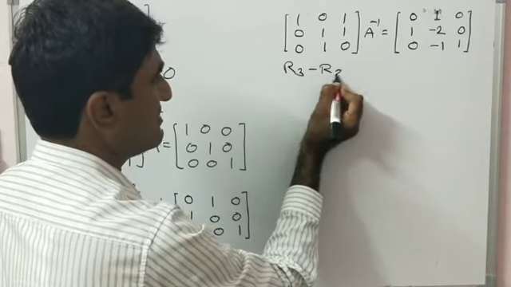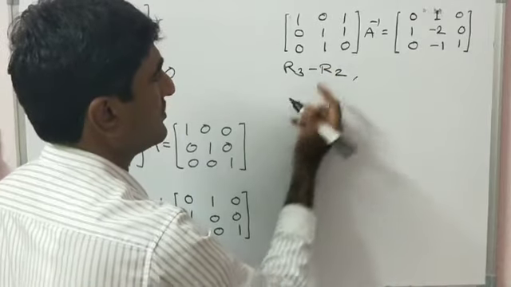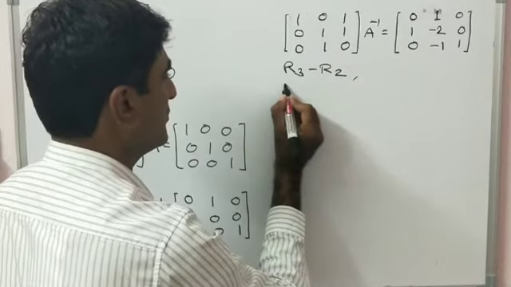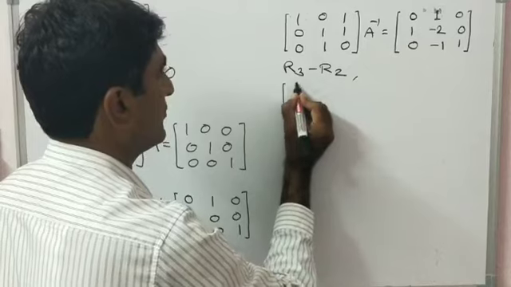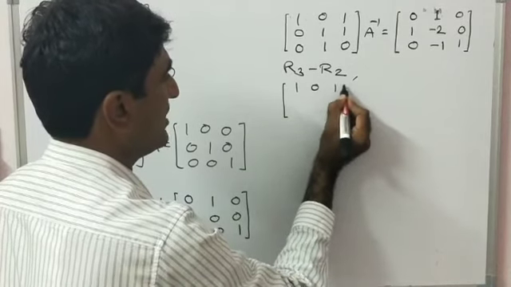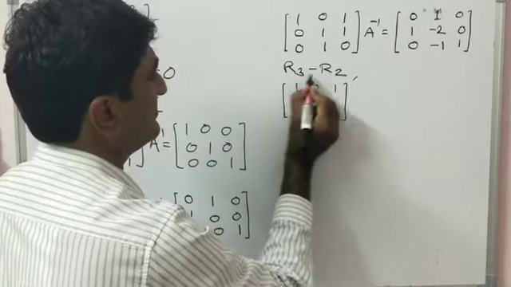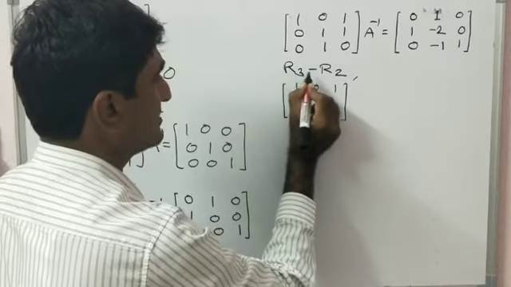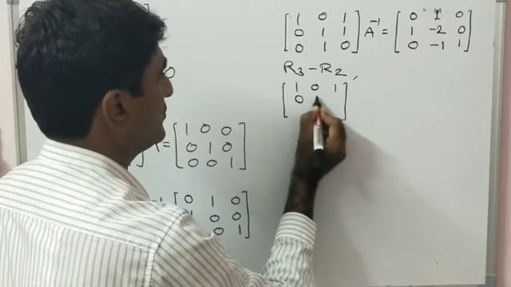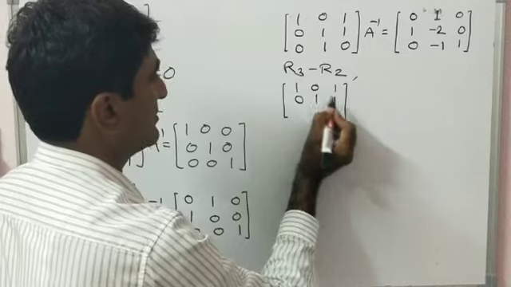R3 minus R2: 1 minus 1 is 0. Therefore 1 0 1, R1 as it is. R3 minus R2 means change in R3 only: 0 1 1.